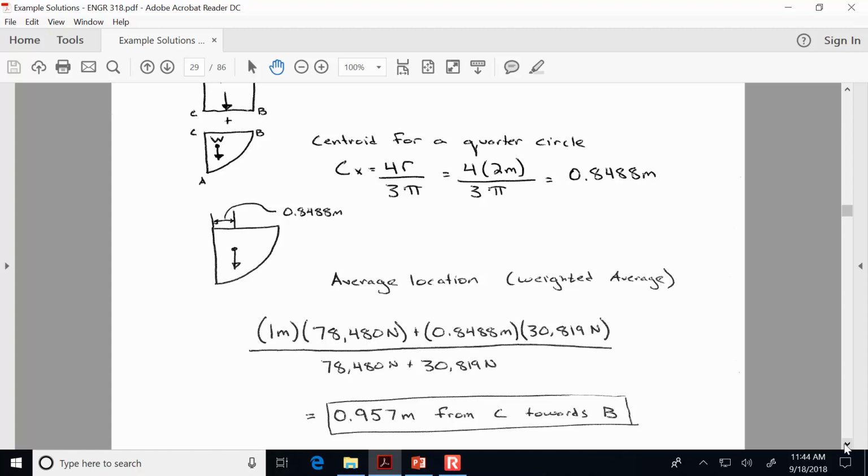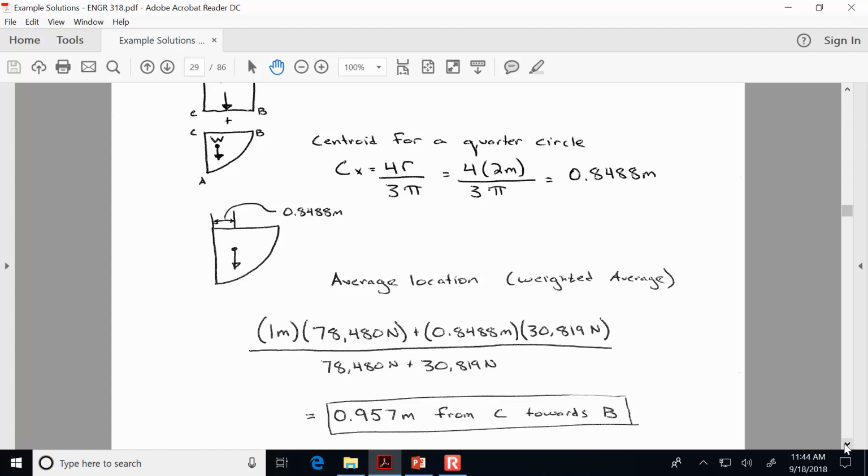If we multiply each location, 1 meter and 0.8488, by its weighting factor, and then divide by the sum of the forces, which is the total weighting factor, that's a way of coming up with the average location of both forces when combined.